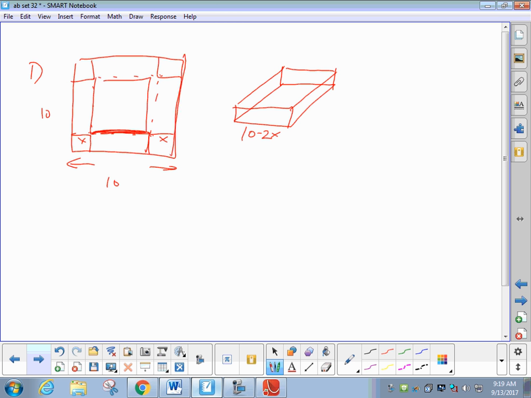This was 10, took away an x. This also is 10 minus 2x. And what's the height? x. I don't know if that gets you going enough, but all you have to do then is write the volume as length times width times height. And so that's 10 minus 2x quantity squared times x. And then later on in calculus, we'll optimize that, find the maximum volume with the best x.